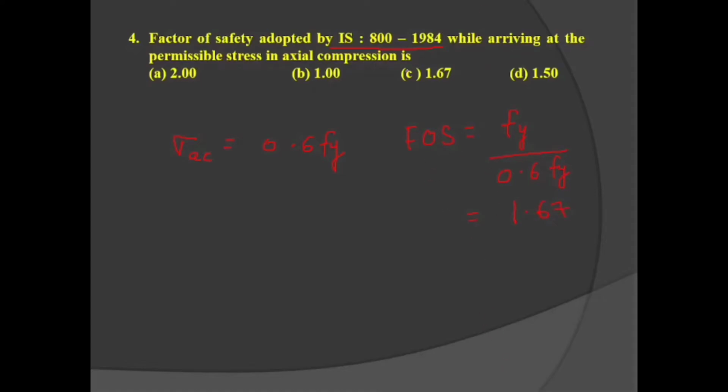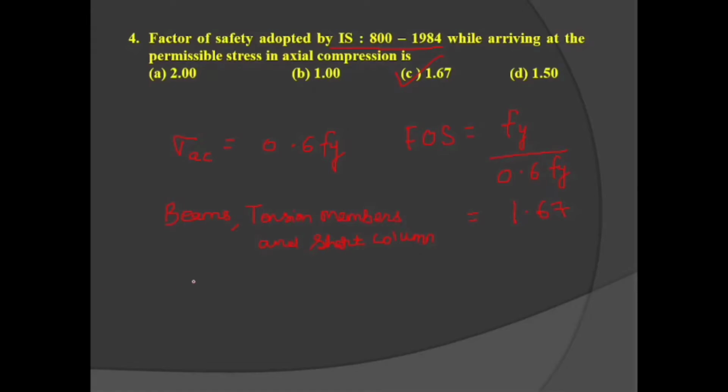This factor of safety of 1.67 is applicable for short columns, beams and tension members in general, in axial compression and tension.